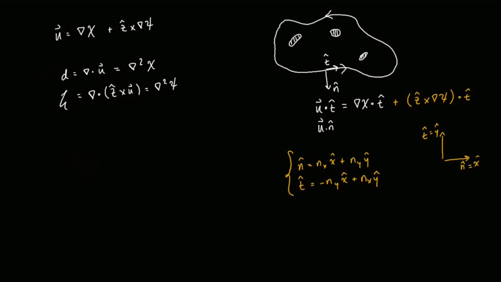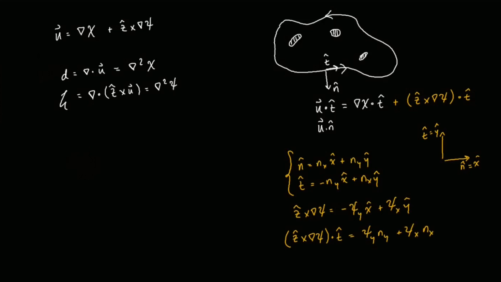Z hat cross grad psi, what that is, is minus d psi dy in the x hat, and then d psi dx in the y hat direction. So if I do z hat cross grad psi dotted with t hat, I'm going to get psi y ny plus psi x nx.